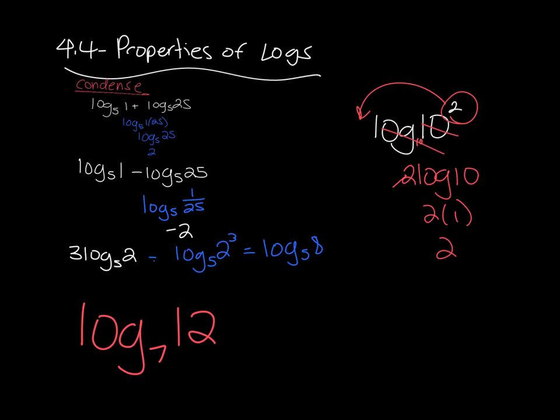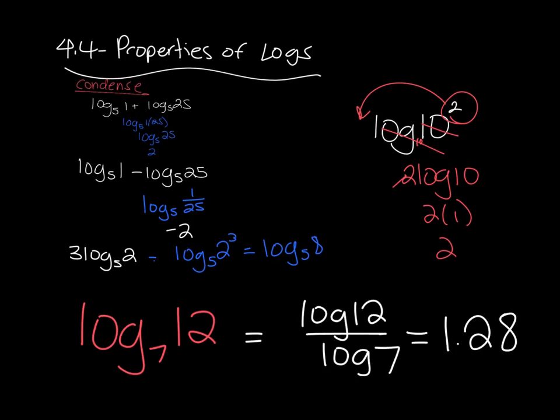If your calculator allows you to change your base, you can go straight there. If it doesn't, this becomes log of 12 over log of 7. The directions will say round to 2 decimal places, so that hopefully reminds you that that's when you need your calculator. Or it'll say evaluate and round.